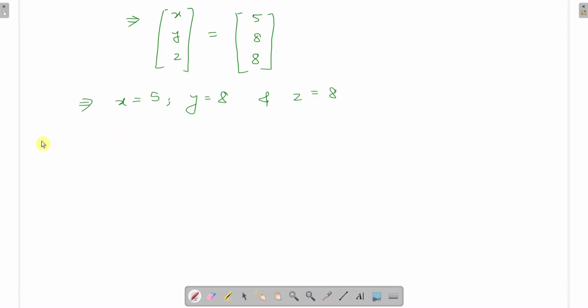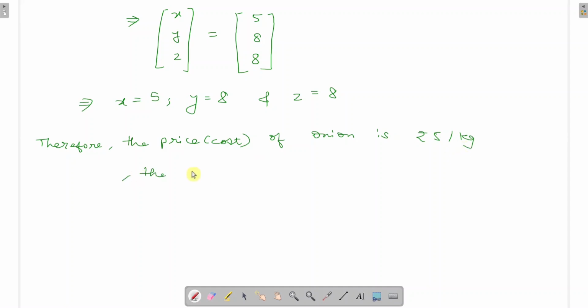Okay. So therefore the price, that is the cost, of onion is rupees 5 per kg.